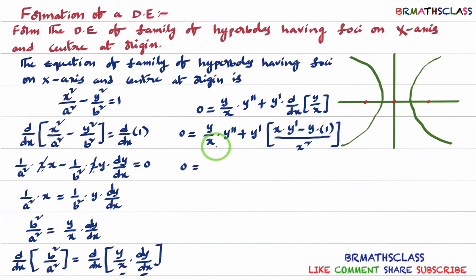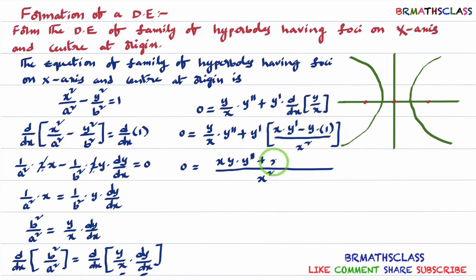You observe here in the denominator part x is there, and here in the denominator part x square is there. If we take the LCM, it is x square. x in this, x square, x times. So what you will get here? You will get xy into y double dash plus x square in x square one time. This part we need to write as it is, so I'll multiply this numerator part with y dash.